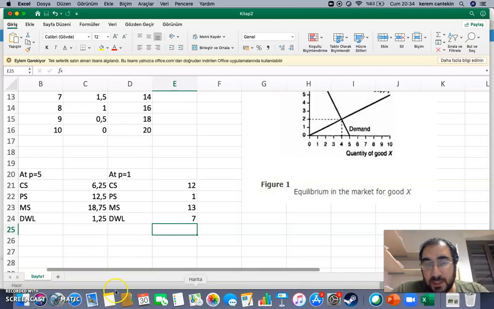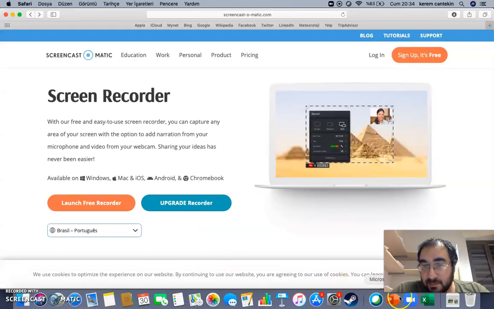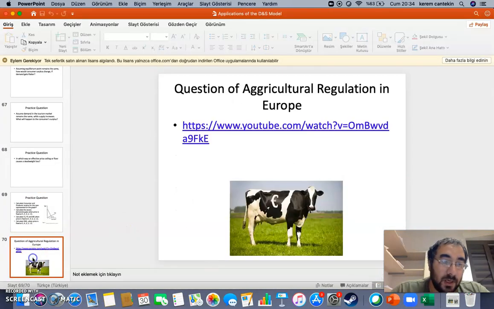You can do the calculation again for other numbers, but let's finish here. I have a last slide, by the way, which describes the agricultural regulation in Europe, and also another logic for putting them. You can put price ceilings and floors to prevent buyers and sellers from price fluctuations.